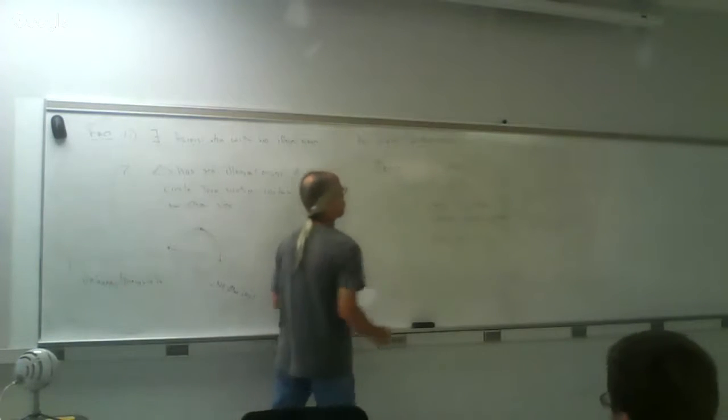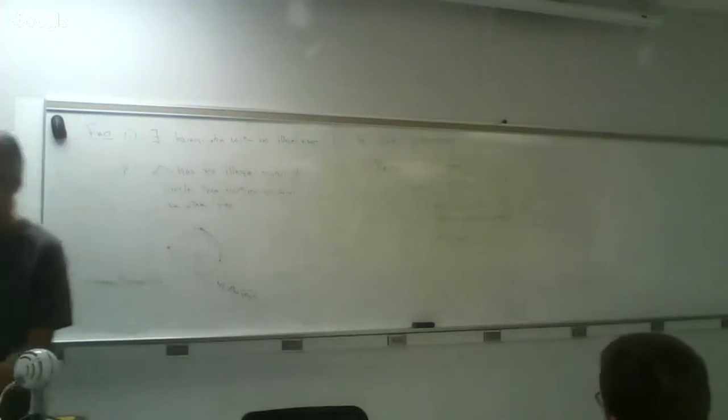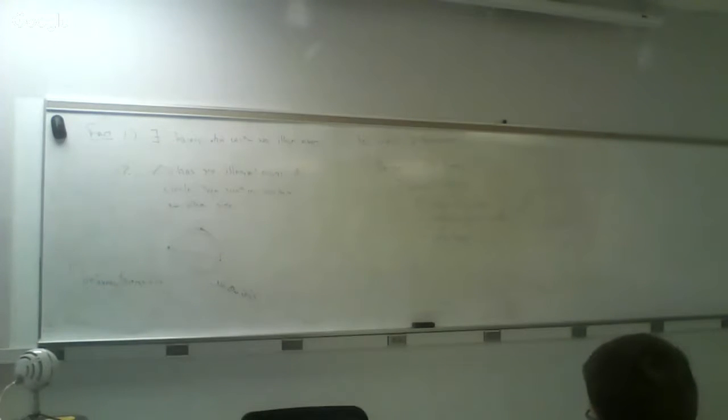So loop this, pick 3 points, check their circle. If their circle is devoid of any of the other points in the point set, it's a keeper triangle.